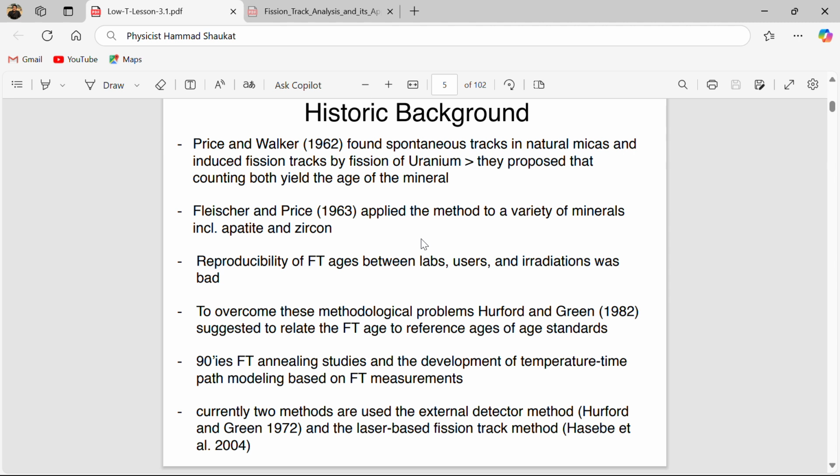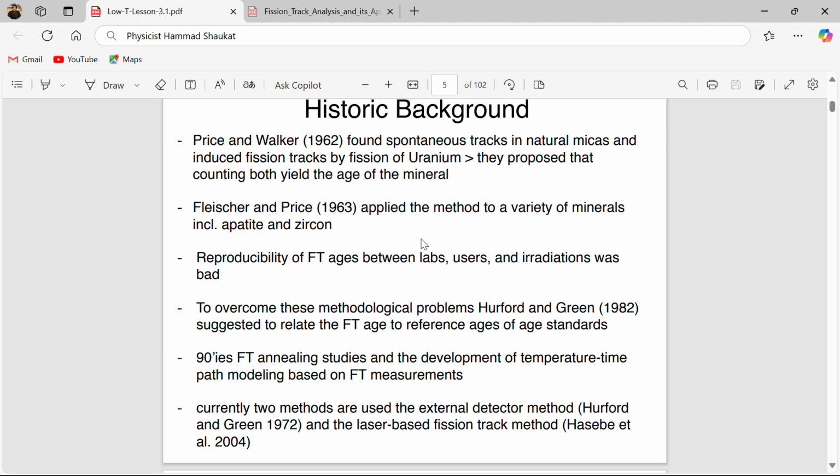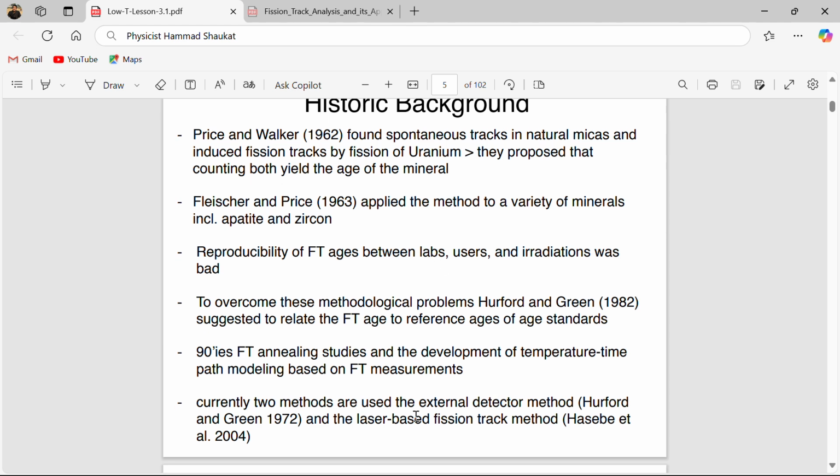They use age standards. And currently two methods are used: the external detector method, by the same scientists Hurford and Green in 1972, and the laser-based fission track methods are also being used. Very important, which is the laser-based fission track method.